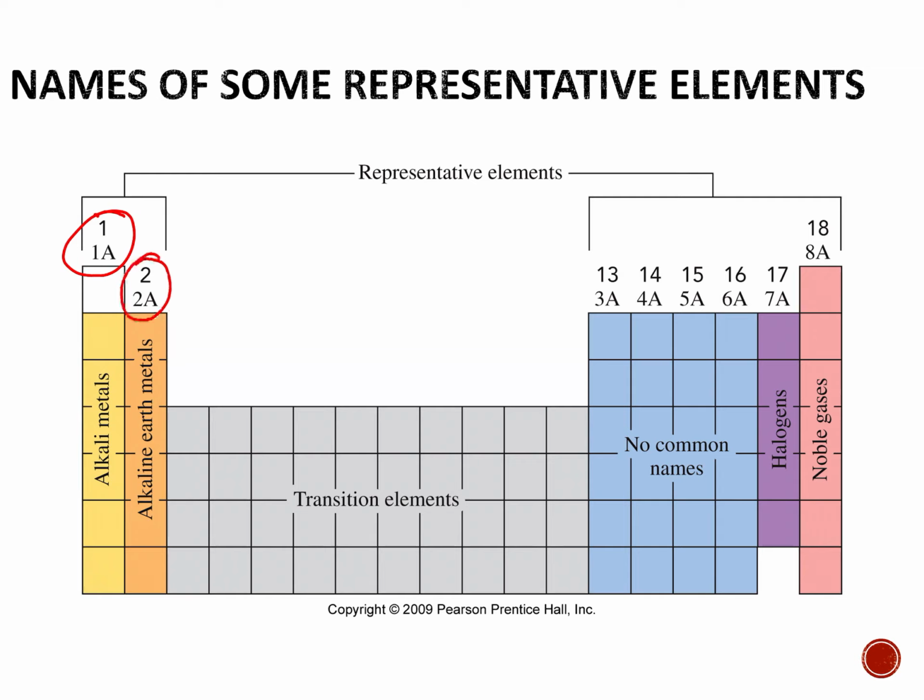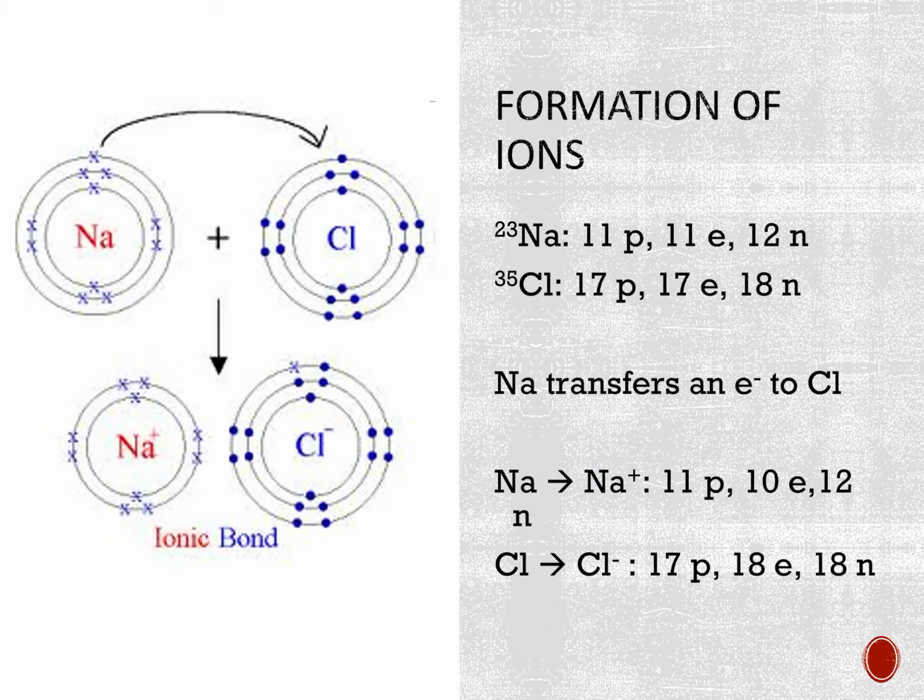The ones that are group 3A through 6A don't have common names. Usually if we talk about those, we're going to say carbon's group or oxygen's group or boron's group, or we'll just simply say group 6A. But this one has a name: the halogens, and then the noble gases. So I do want you to know these four names as well as the transition metals in the middle.